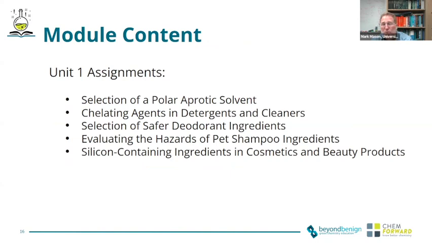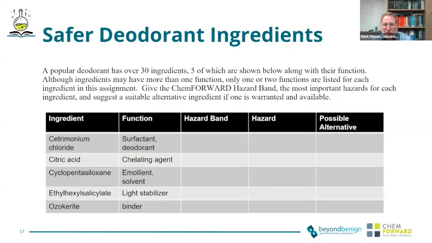Now, for the Unit 1 assignments, we will go through some of these during the workshop, but I just want to show you an example or two that we might not get to.